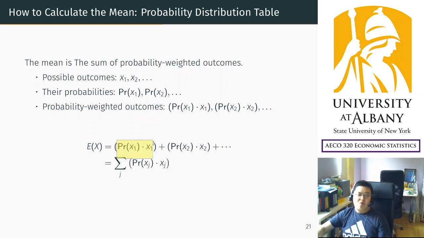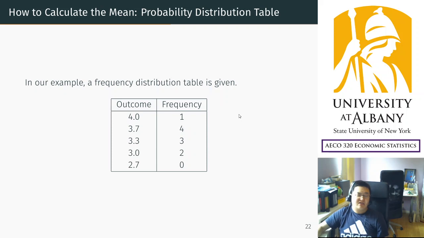This is one probability weighted outcome, and this is another probability weighted outcome, and you can continue until as many as the possible outcomes. So using the summation notation, you may put it this way. And it's easier to understand when you see a numerical example.